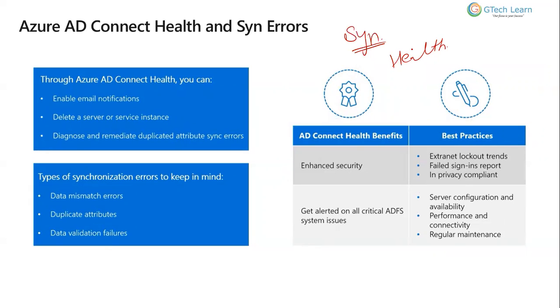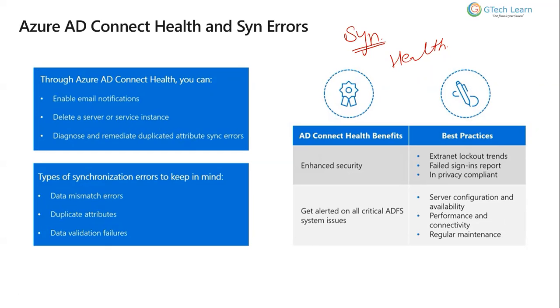Then, if I'm talking about the health monitoring, the Azure AD Connect Health can provide monitoring from a central location in the Azure portal in order to view the activity. That's okay.